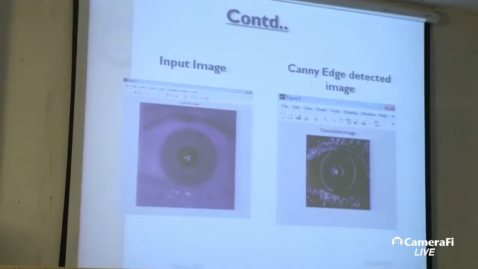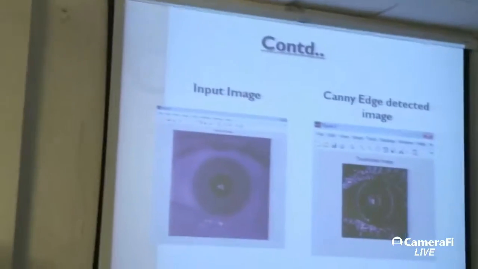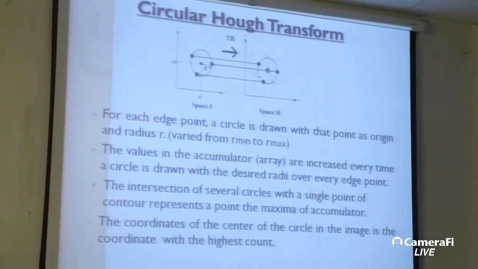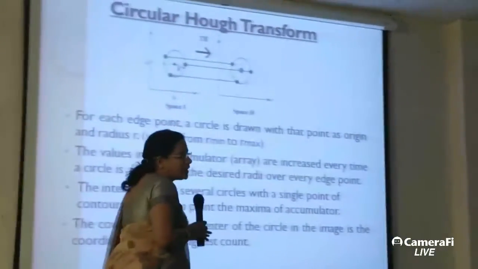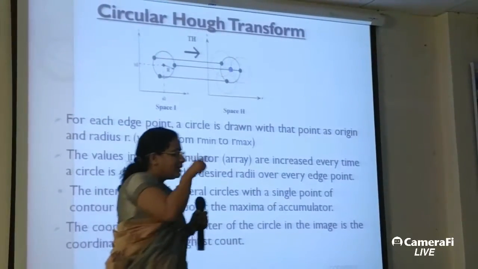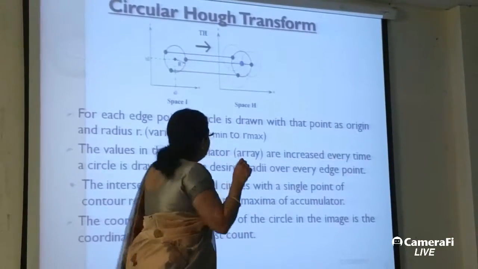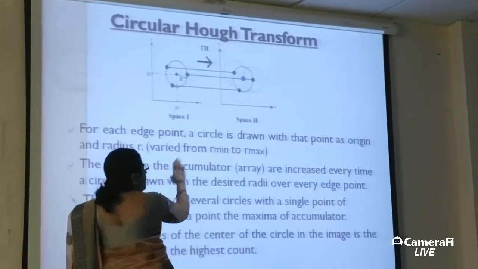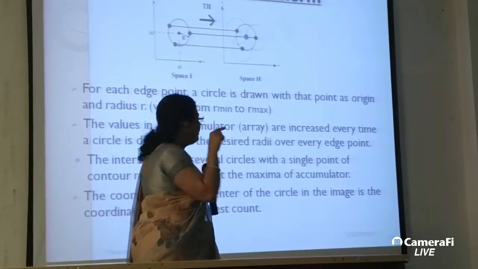So this is the Canny detected image, the input image. The basic principle behind the circular Hough transform is this: this is the edge image I have got first. From this edge image, every edge point is considered as a center, and the radius is varied from r min to r max, and circles are drawn considering each and every edge point.